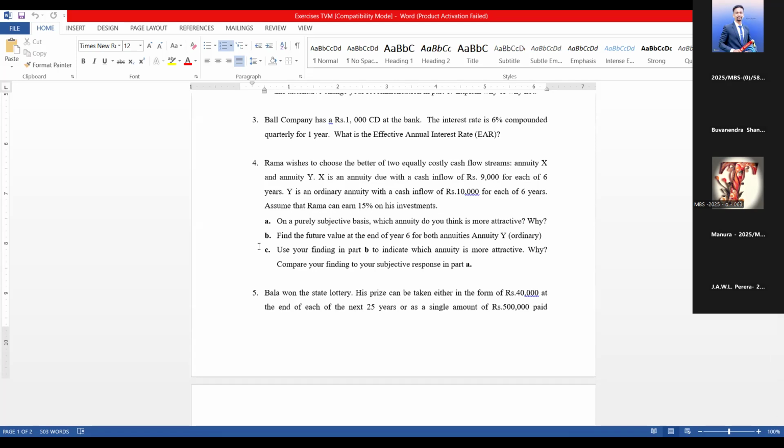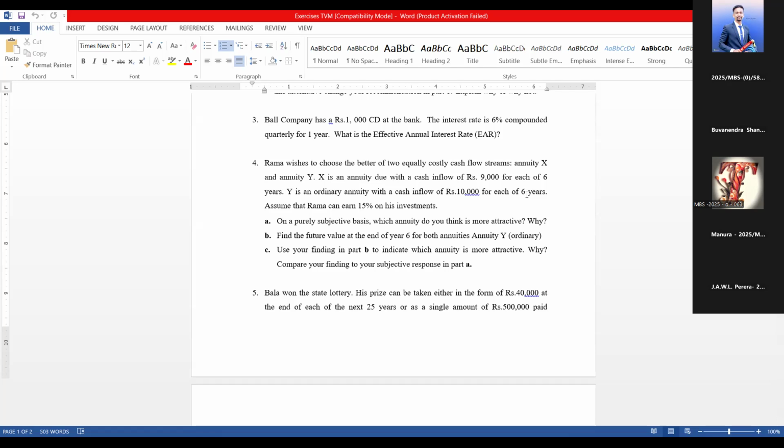Before we calculate, we think about which one would be more attractive and which one gives more value to us. This one is 9,000, this one is 10,000, and 6 years. Without calculation, we can say the ordinary annuity of 10,000 for 6 years would be the better option. That is a subjective decision, not an objective one. Now we use scientific logic on this decision.